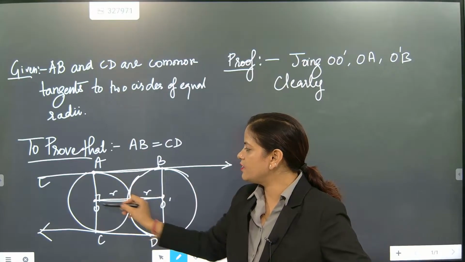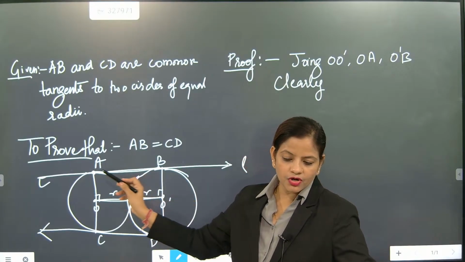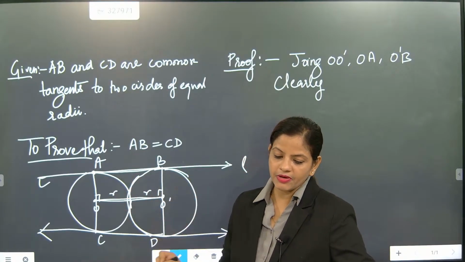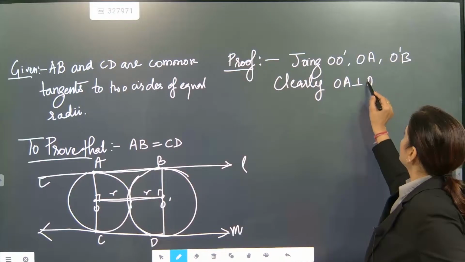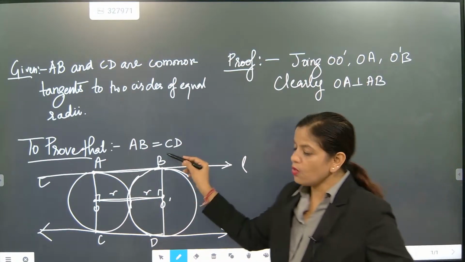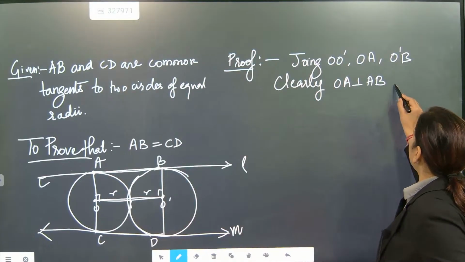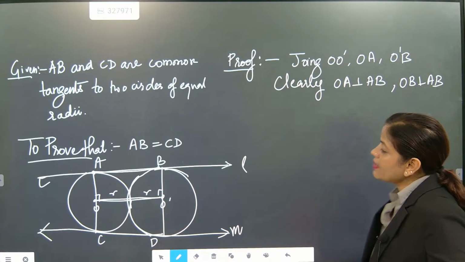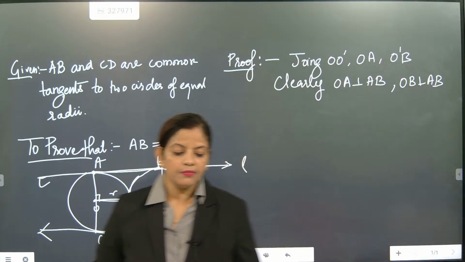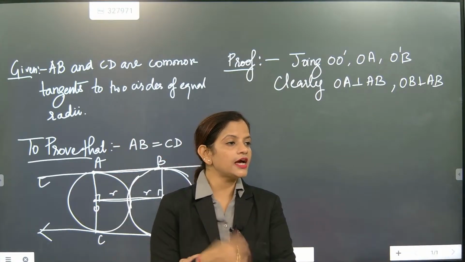OA is perpendicular to AB. This you please remember. OA is perpendicular to AB and O dash B is perpendicular to CD. Why? Because radius and tangents are perpendicular.